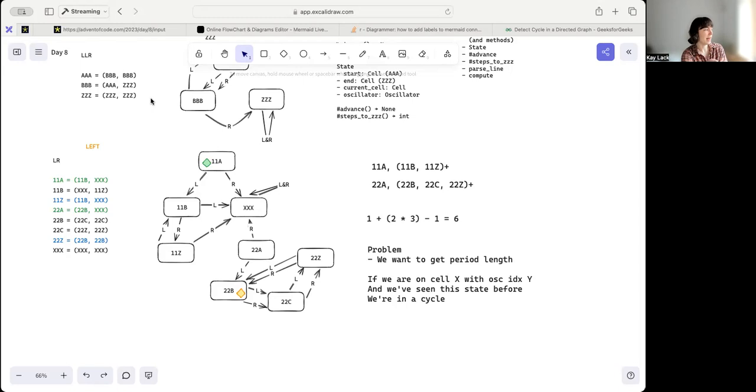And then if we can get that, we'll be able to get the cycle length. And if we can multiply those out, then we win, I think. So that does seem plausible.